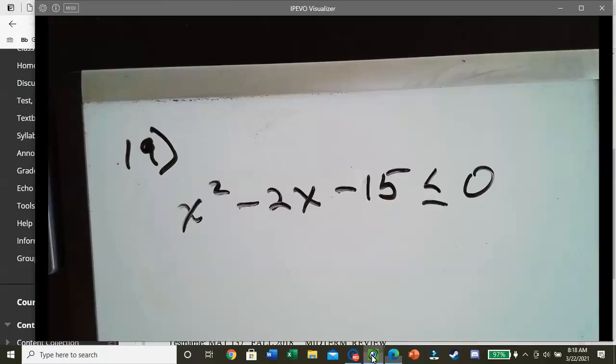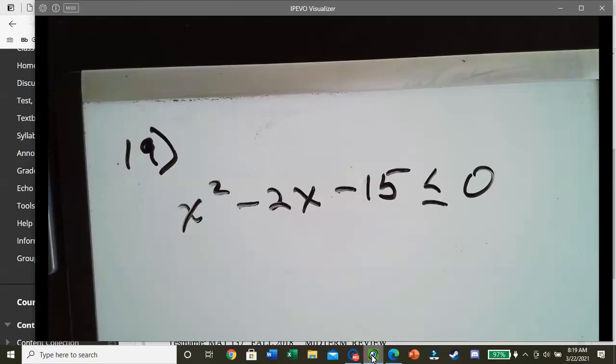So first thing, when you're solving a quadratic, there are three ways to solve a quadratic. What are those three ways? Zero factor property, where you factor, the square root method, which we did, and the quadratic formula.